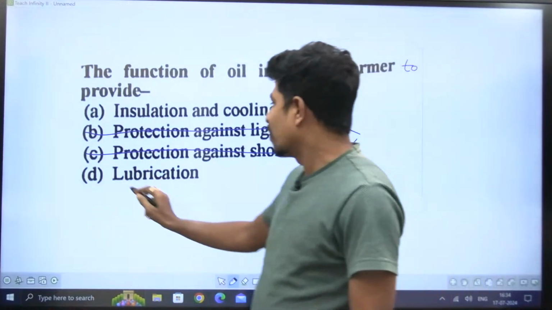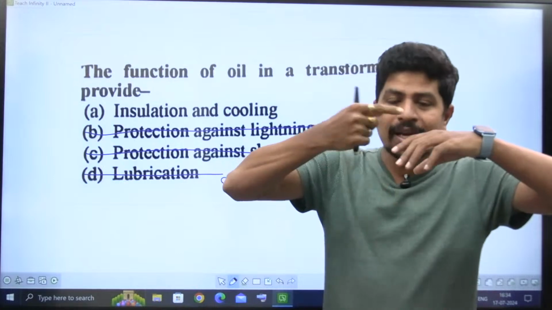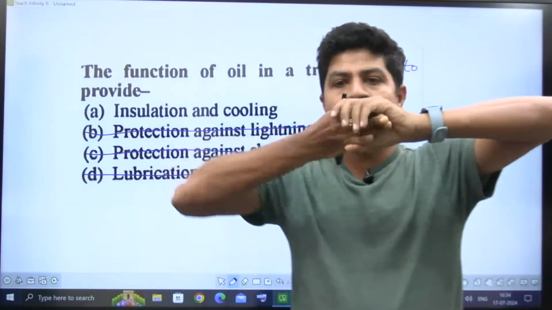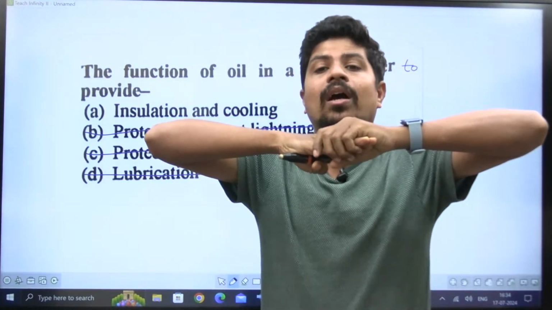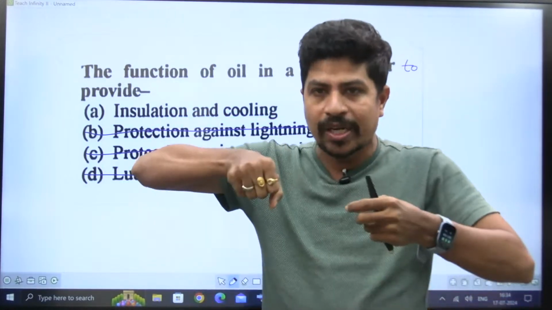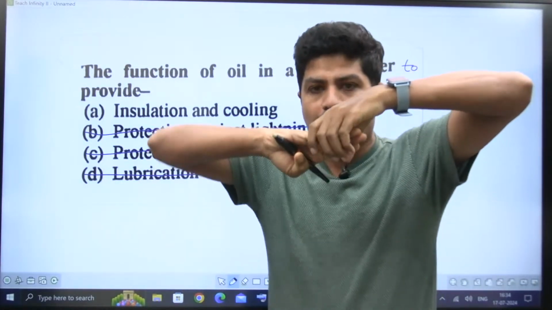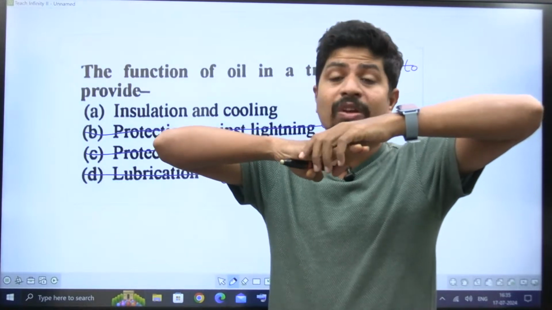Lubrication. See, lubrication is required if there is some rotating electrical machinery. If you take any motor, shaft is rotating, and you are putting the shaft somewhere here, between these two bearings will be there, friction will develop.